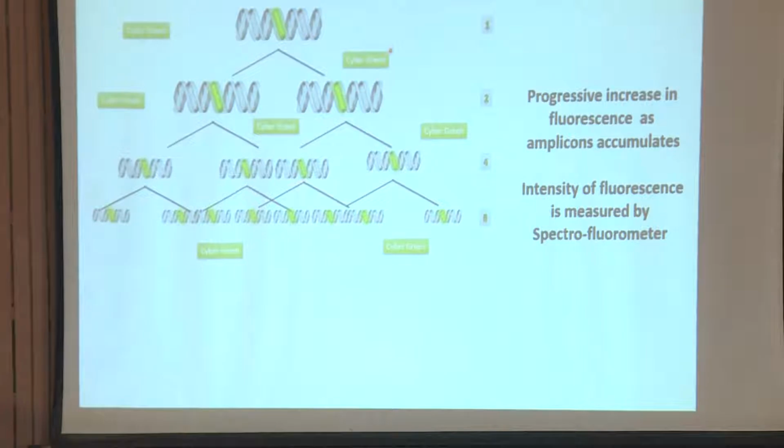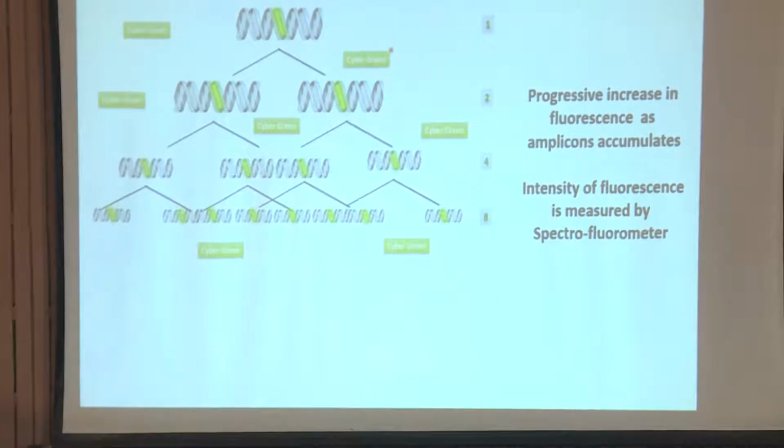There is a progressive increase in fluorescence as the amplicon accumulates. The intensity of fluorescence is measured by a spectrofluorometer. So, this is what exactly happens. You can see the number of bound dye which increases with time.